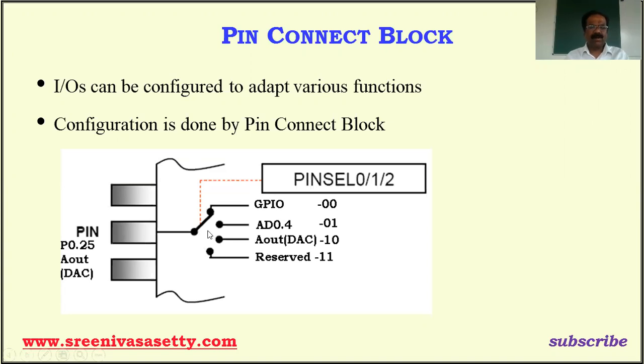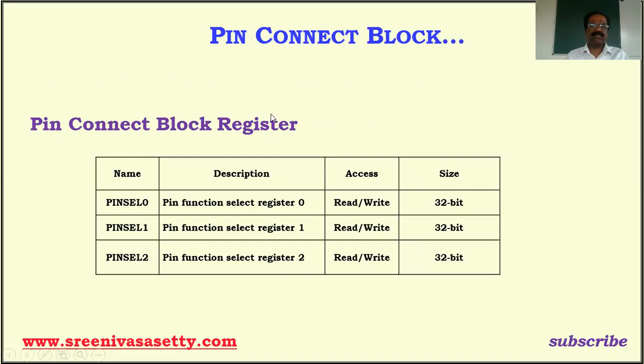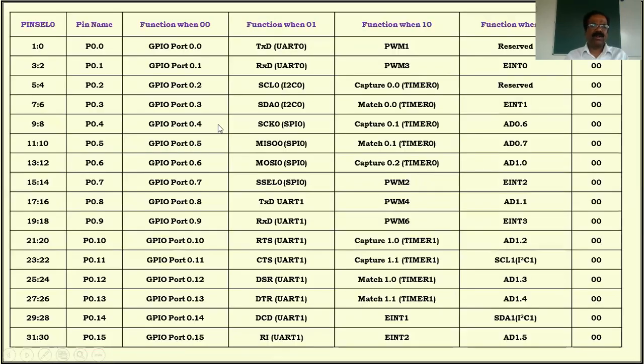Now I'm going to explain in detail the pin select register and the different operations available. Here in the pin connect block, as I told you, there are three registers: pin select 0, pin select 1, pin select 2. They are read-write registers, and the size of each register is 32 bits.